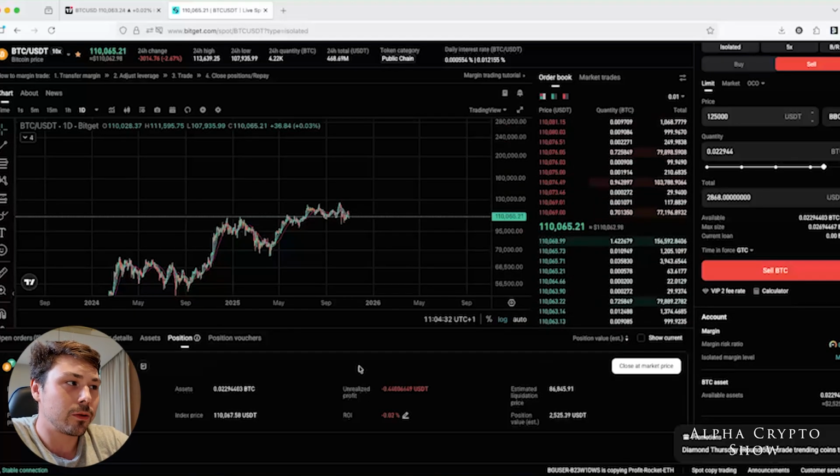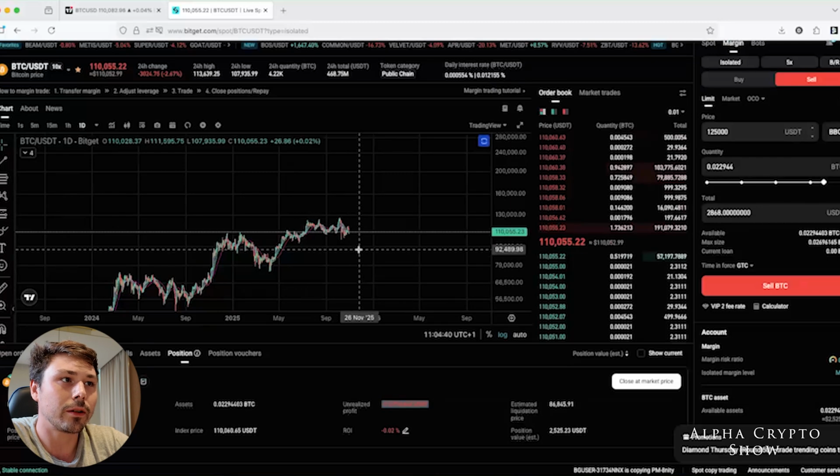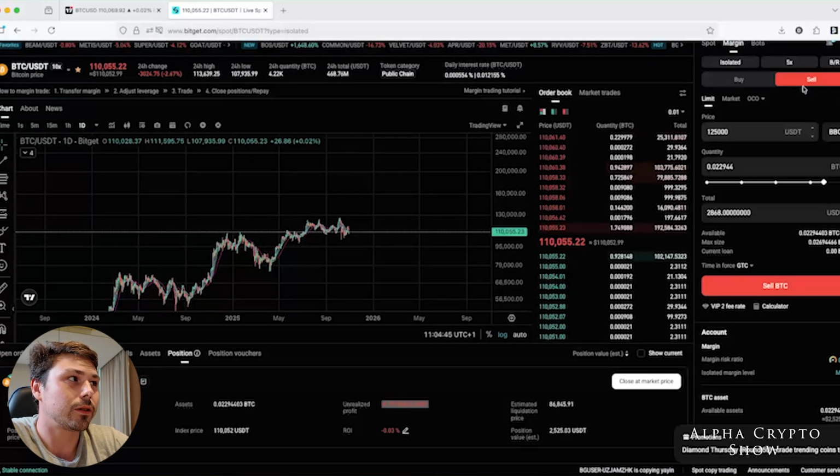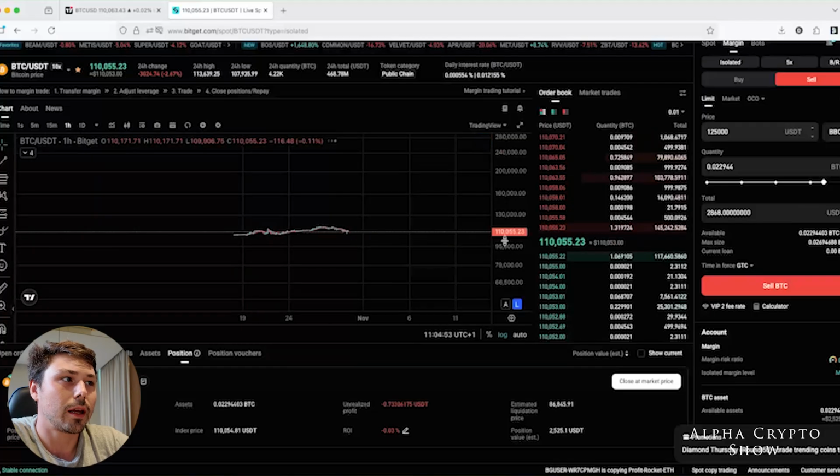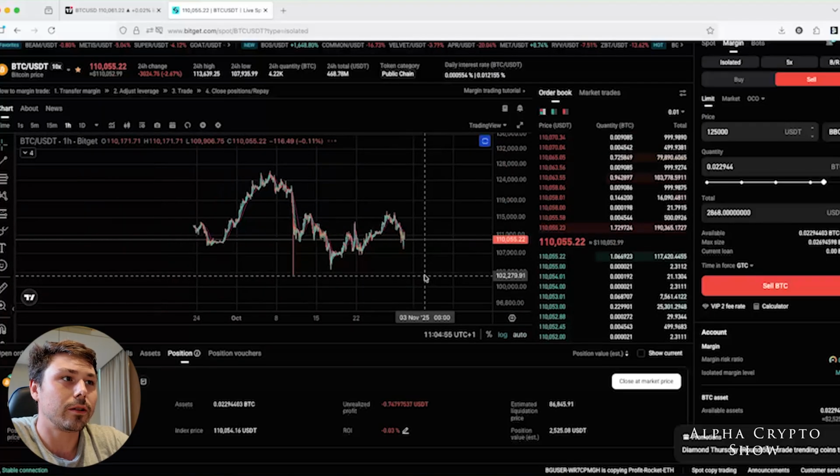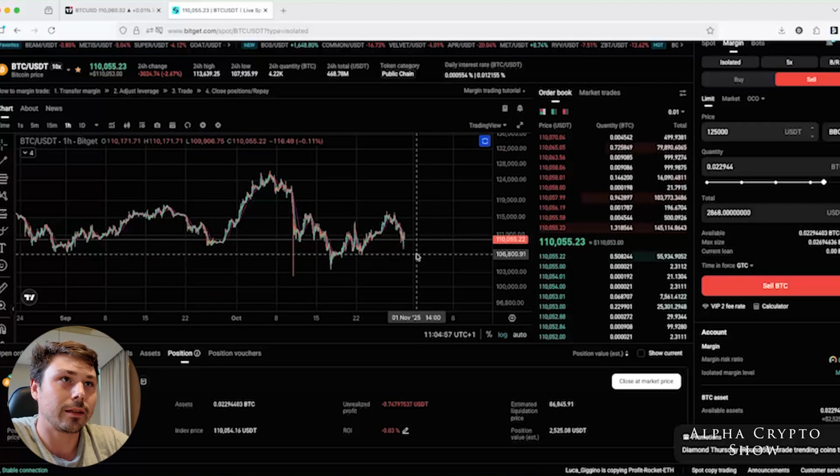If the price goes below and you see that your unrealized profit is going down, of course you need a stop loss. What's the position you don't want to keep? What's the price? For this, you need a deeper technical analysis.